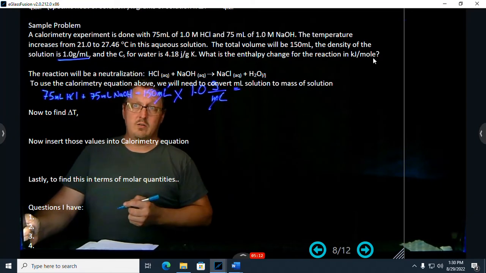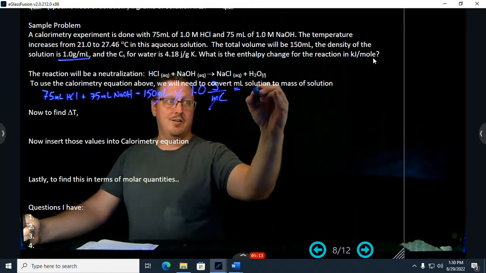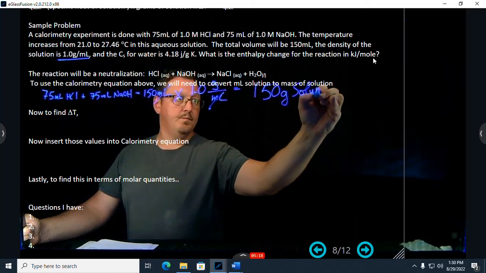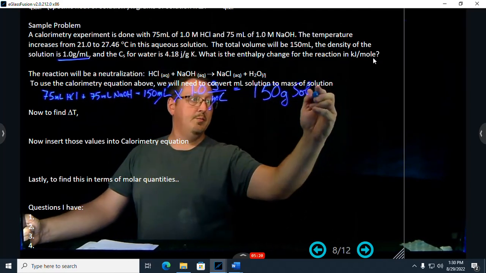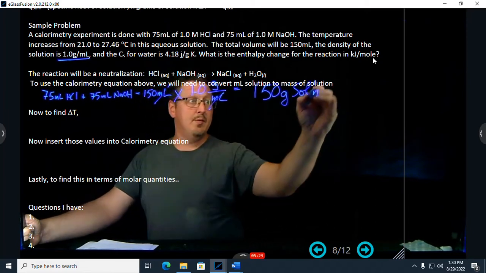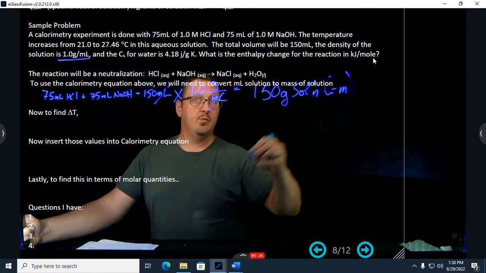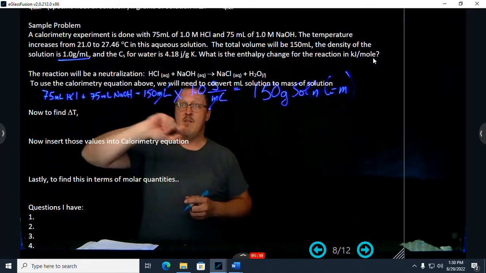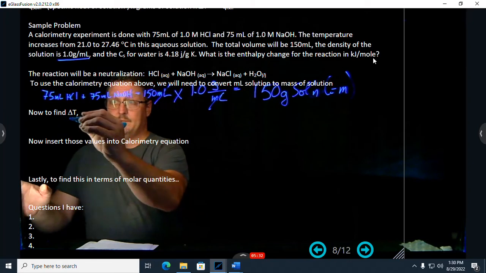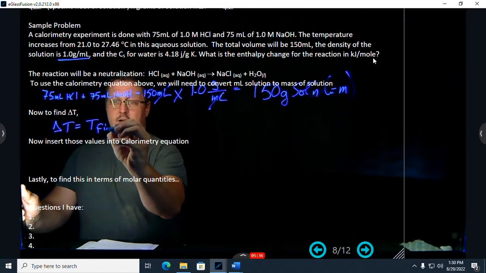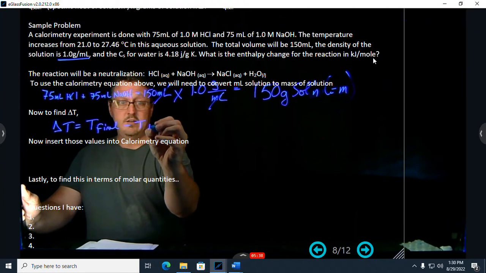And so now 150 times 1 is 150 grams of solution. I'm just going to cheat and write soln. And this is equal to my m value. Okay, so we just found one. Now we've got to find our change in temperature. Delta T is equal to T final minus T initial.